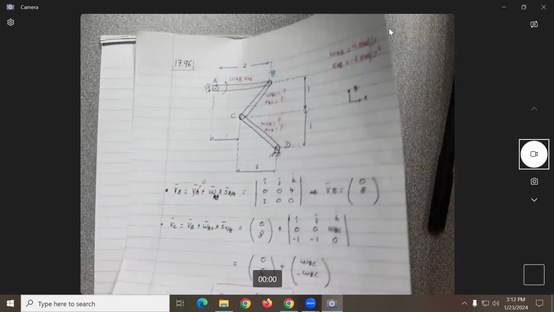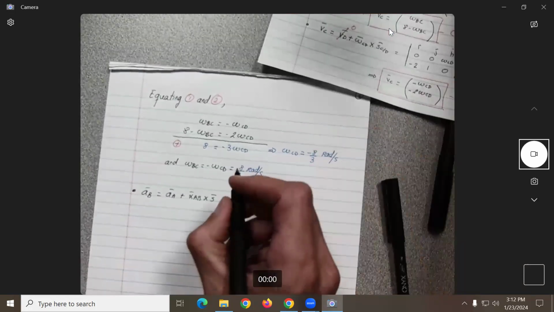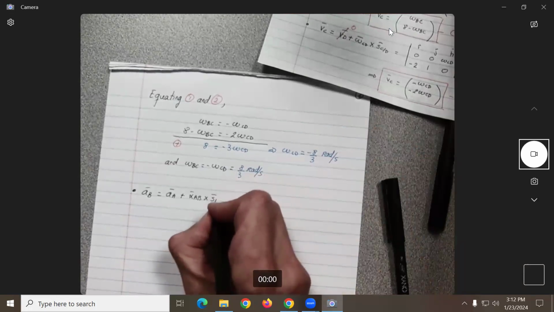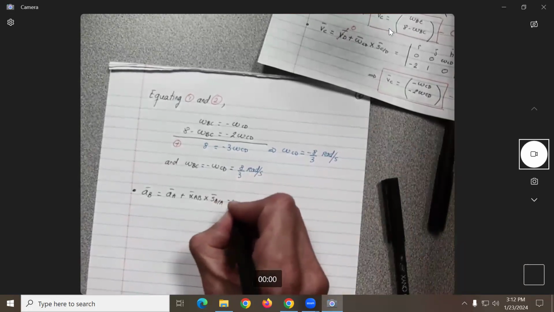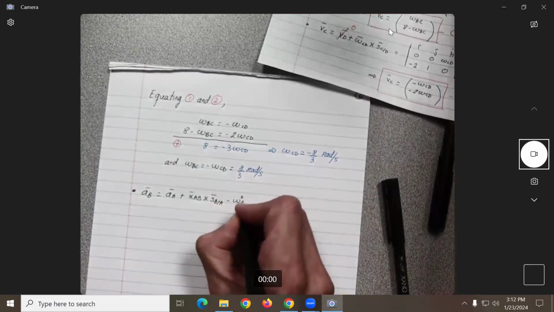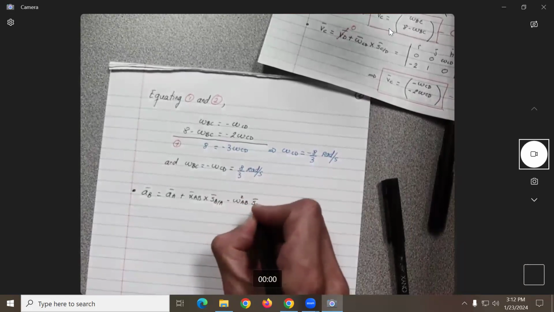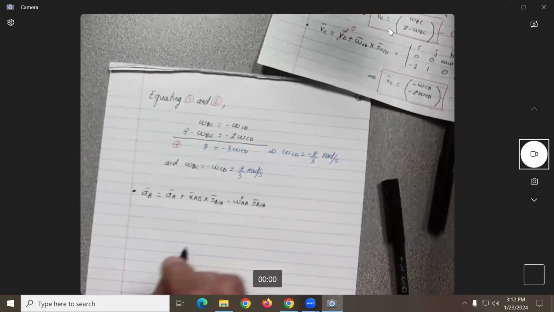The bar AB, yes. Cross what? r of B with respect to A minus omega of AB squared r of B with respect to A.